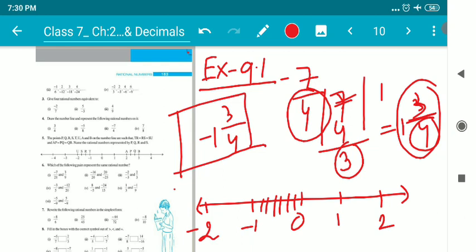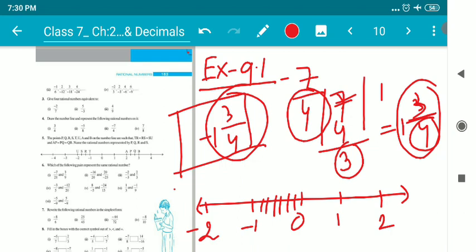Now by seeing this number, we need to understand where it should lie. Children, just forget about the minus sign present in front of 1. I'm teaching in the simplest way. This number comes between 1 and 2 because it is more than 1 but lesser than 2. Suppose I have an amount which is more than 1 rupee but lesser than 2 rupees. What numbers can come to your mind?